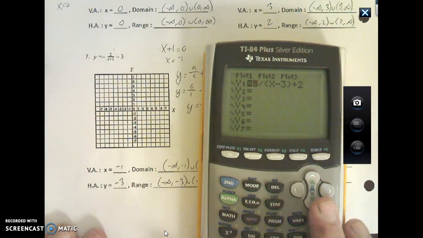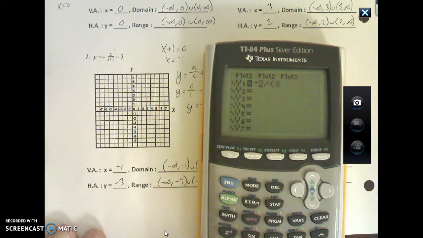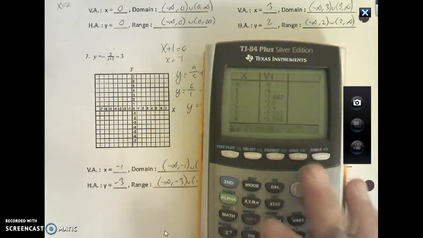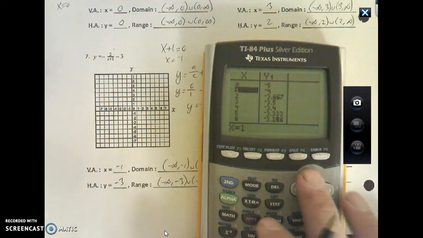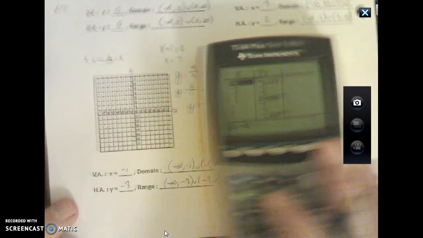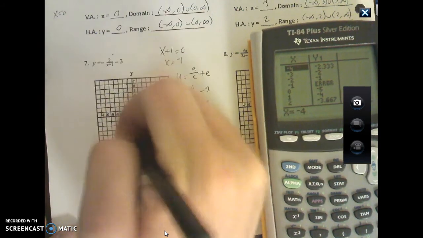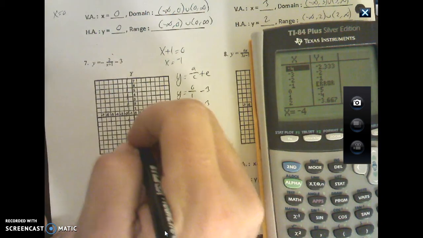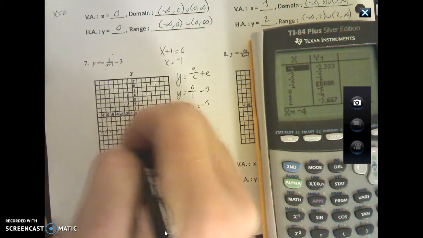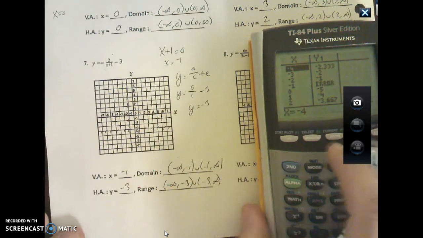Go back to y equals, clear this out. Negative 2 on top divided by parentheses x plus 1 minus 3. Okay, pull up my chart. Vertical asymptote's at negative 1, so negative 2, negative 1. Oops, I'm sorry, I've got to put these down first. Okay, so let's see here.